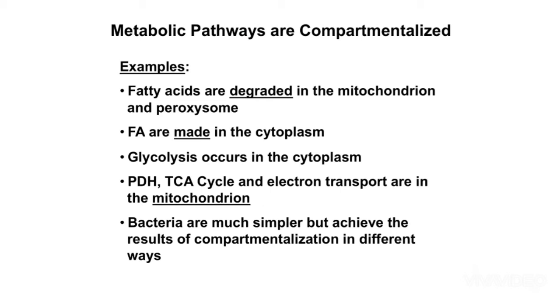For example, in a mammalian cell, the mitochondrion is the site of fatty acid beta oxidation, or breakdown, the tricarboxylic acid cycle, and enzymes of the pyruvate dehydrogenase complex are also mitochondrial. The cytoplasm is the site where we do fatty acid biosynthesis, most of gluconeogenesis, glycolysis, and the pentose phosphate pathway. Compartmentalization helps keep the metabolic chart tidy and organized.